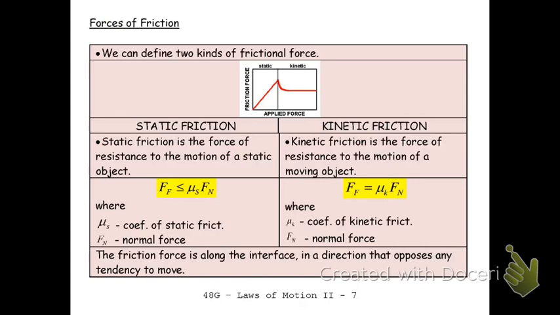Okay. Friction is a thing in its own right. It's not just a component. There is a thing called friction. So what is it? It's when the two surfaces enmesh.